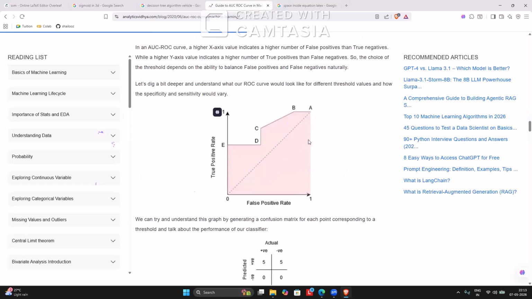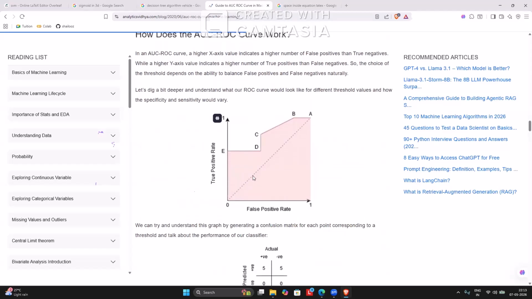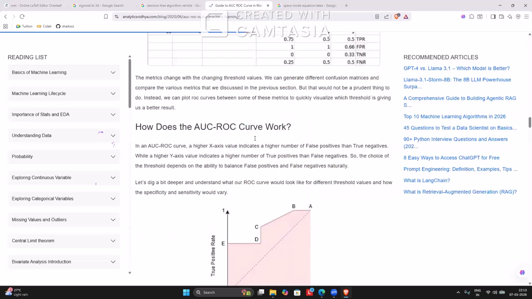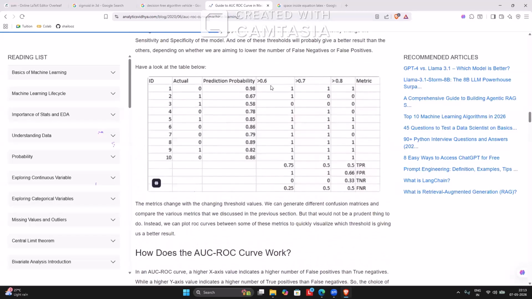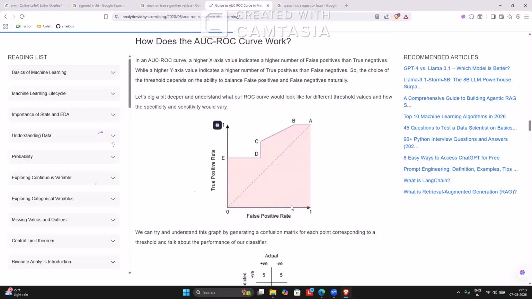We can get a point like this, and that is for 0.6. Each point considers a threshold value. Then we plot that and get the points A, B, C, D, E. So these values are at different thresholds.